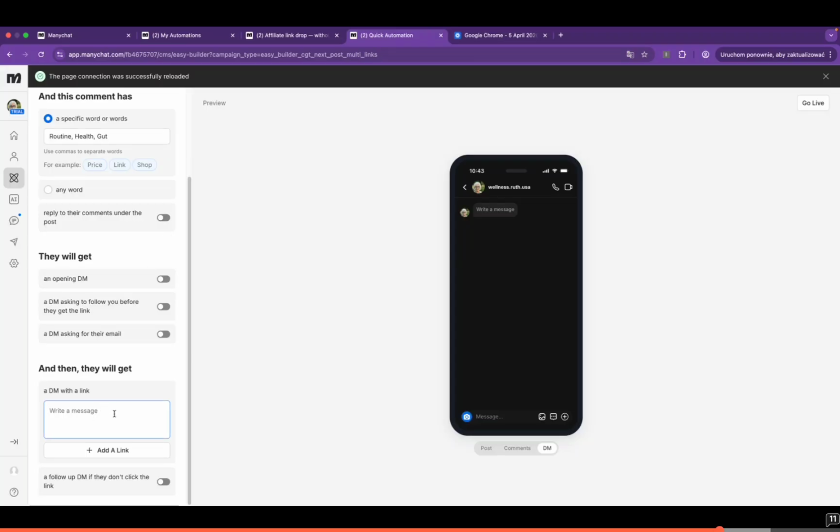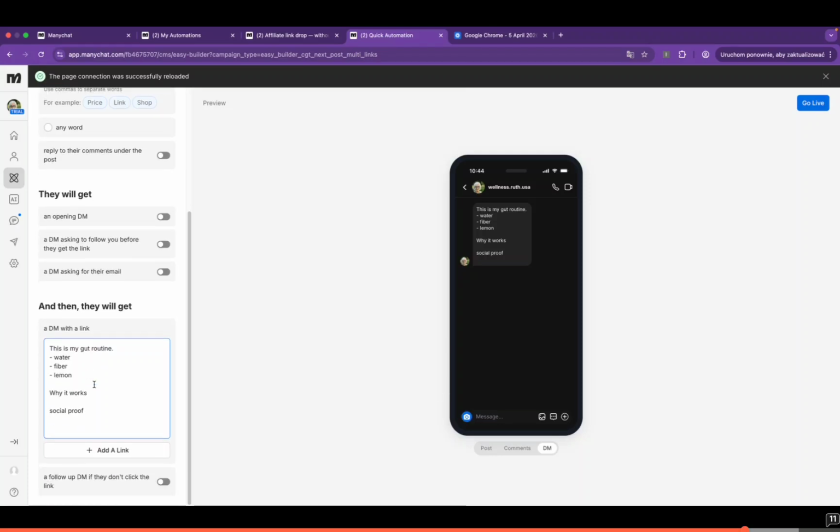And this is going to be the main message. So this is where you do what I was talking about. So this is my gut routine. Then you do your recipe. So water, fiber, lemon. Then you say why it works, social proof, and why they should buy your product.